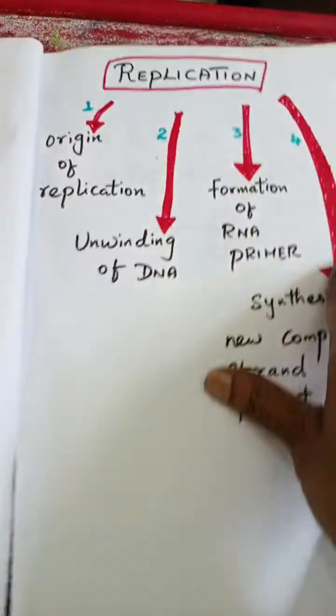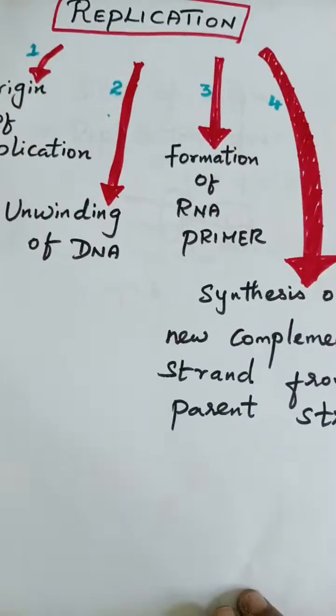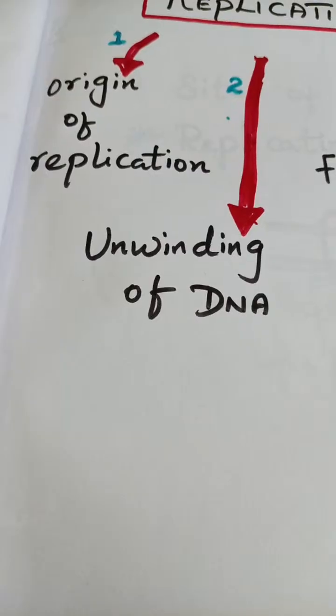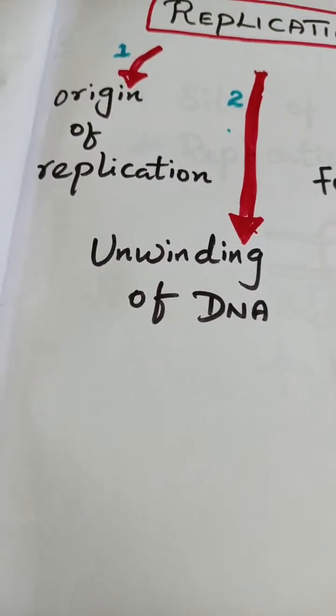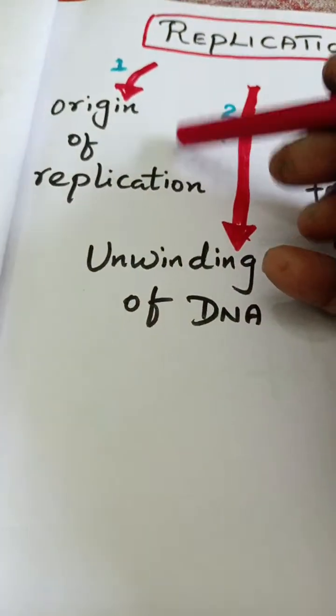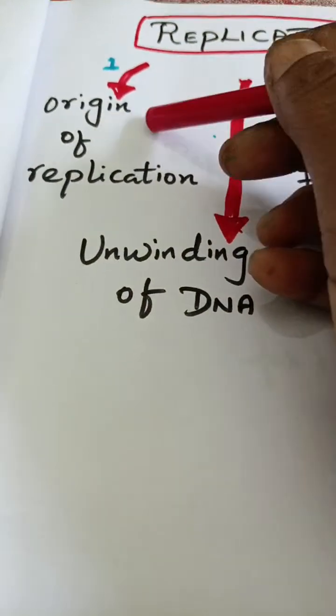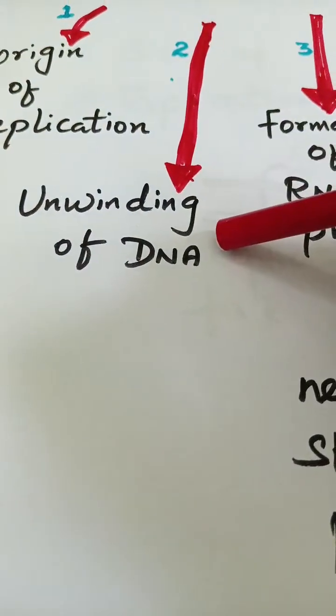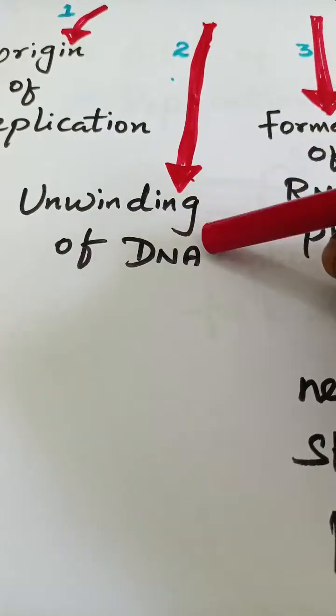Now, this is the replication process. What is the first step in the replication process? It is the origin of replication, a specific site. There only the replication starts. And the next is separation of the parent DNA molecule, that is the unwinding of DNA.